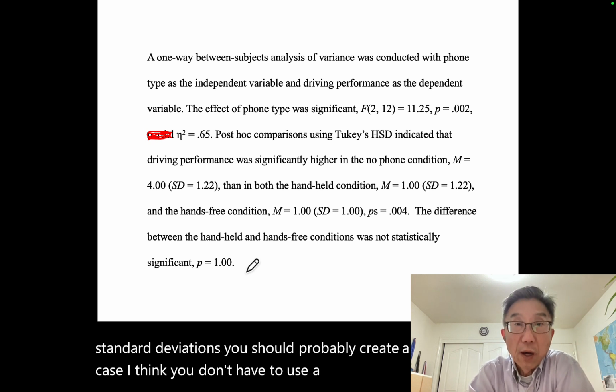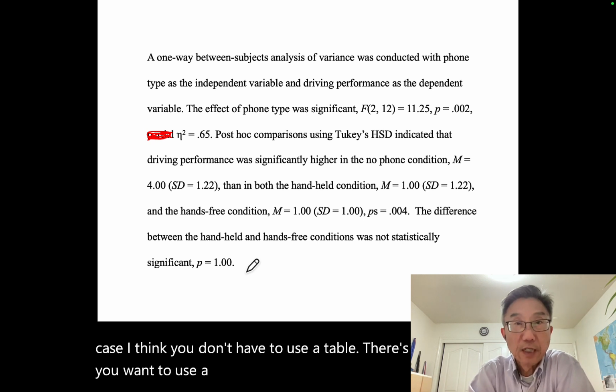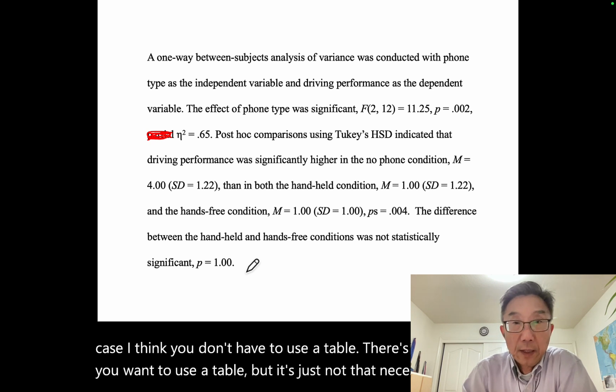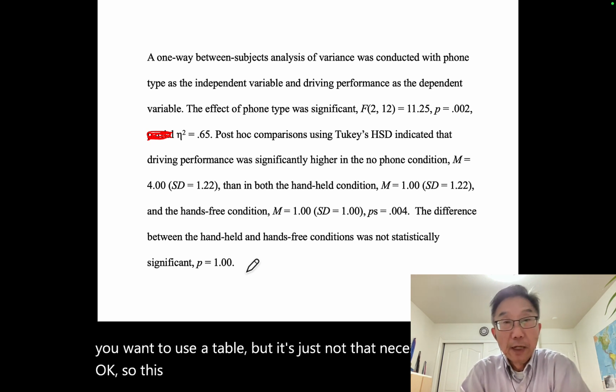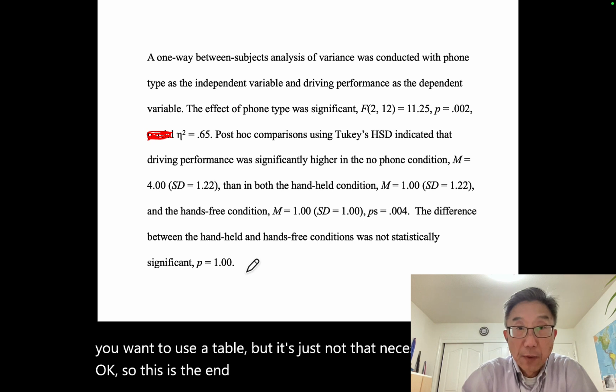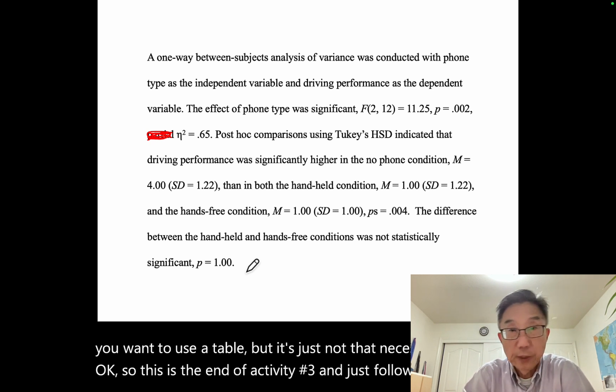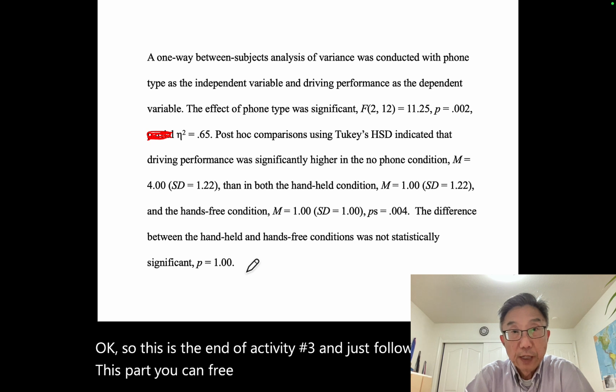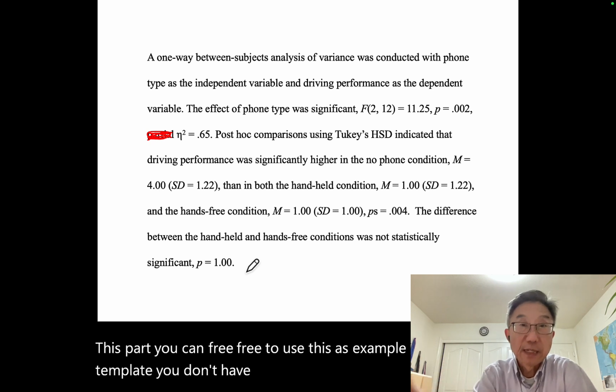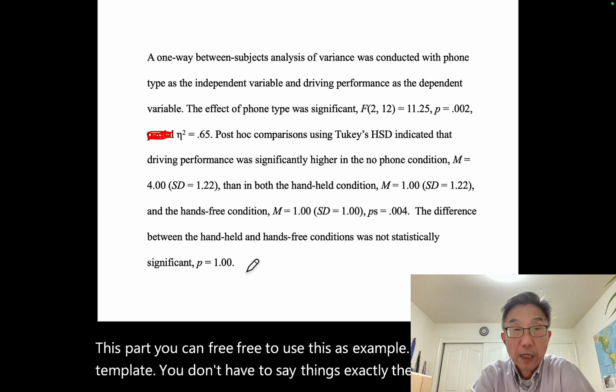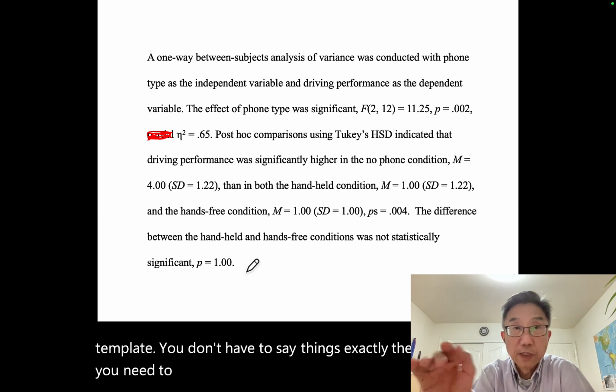Now, there's nothing wrong if you want to use a table, but it's just not that necessary. Okay, so this is the end of activity number 3, and just follow the instructions. This part, you can feel free to use as an example, use this as a template. You don't have to say things exactly the way I said it, but you need to include all this information.